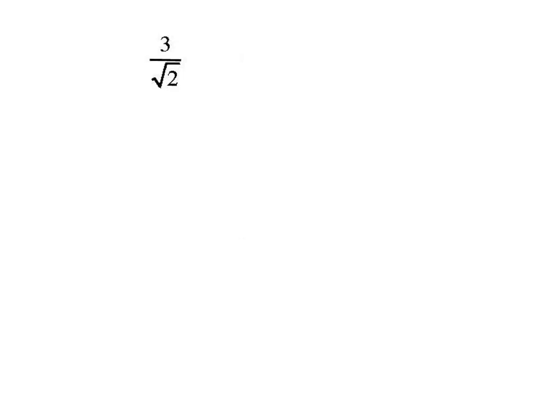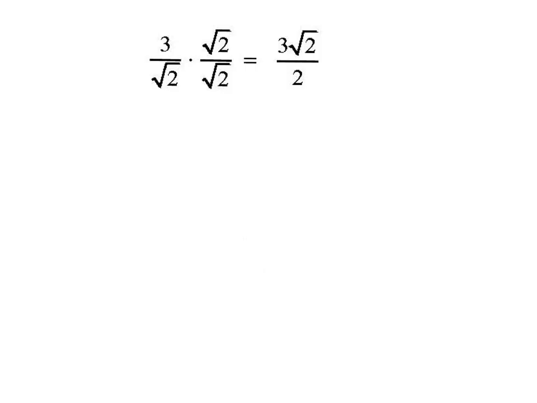Now you know that if you multiply the numerator and denominator of a fraction by the same number, you haven't changed the value. So let's multiply this one by the square root of 2 over the square root of 2. That will give us a whole number on the bottom, which is what we're trying to achieve. So 3 radical 2 over 2 is considered to be the simplified version.